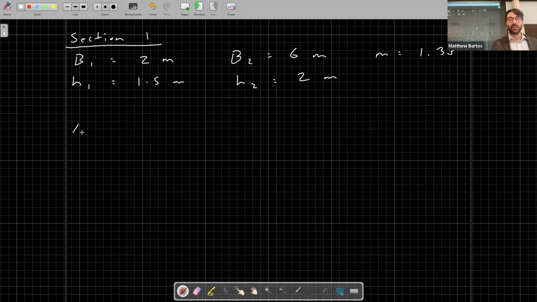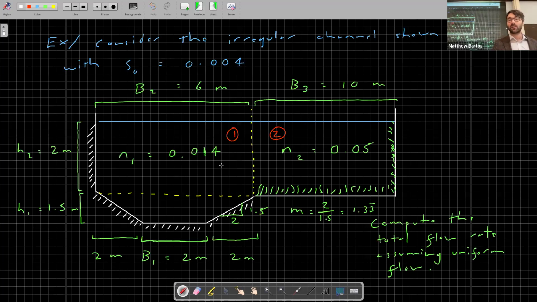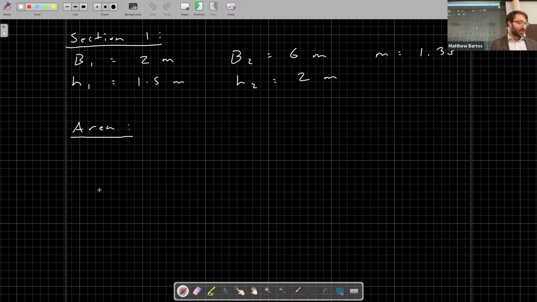Okay, so first let's compute the area. Looking back, there are two parts to this shape: the trapezoidal part and the rectangular part above it. So I'm going to get the area by summing those two shapes together. For the rectangular portion, we have B2 times H2, and to that we add the area of the trapezoidal portion.